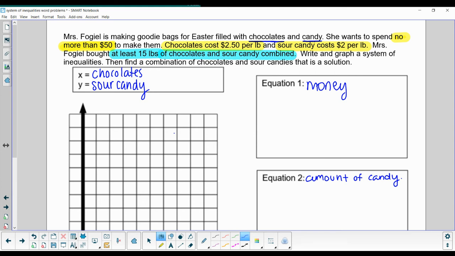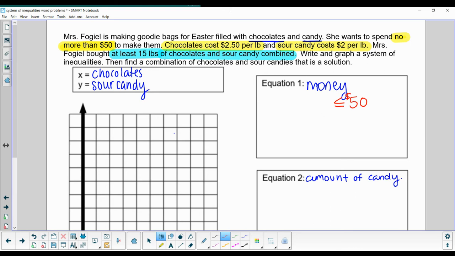I know when it says no more than, that's the symbol that is less than or equal to, because I can't spend more than that much. So over here in equation one, I'm going to write less than or equal to $50. But now I need to figure out what goes in the beginning.